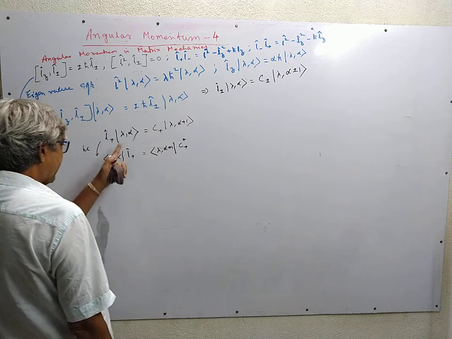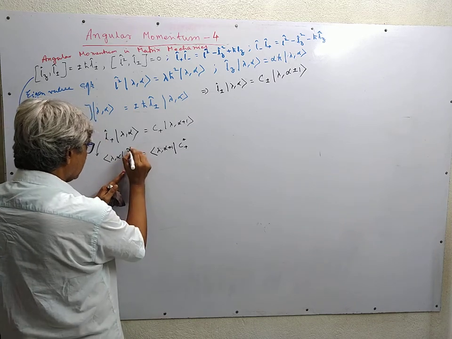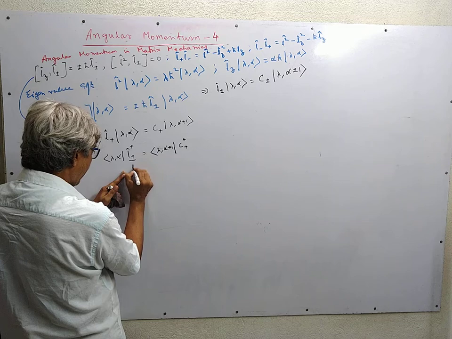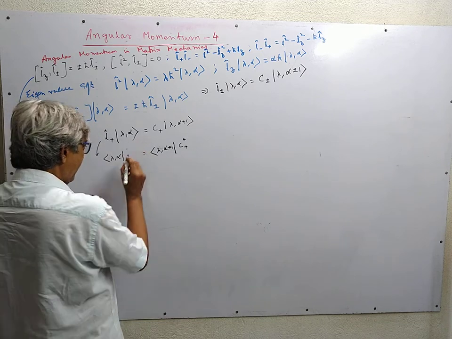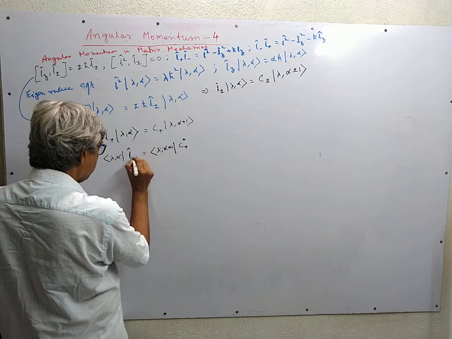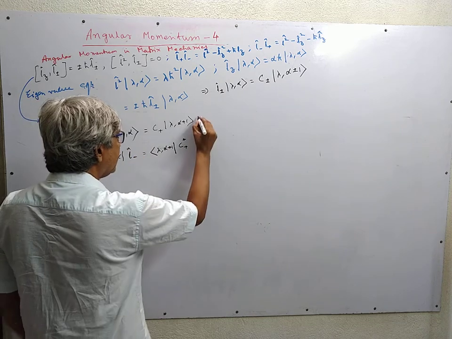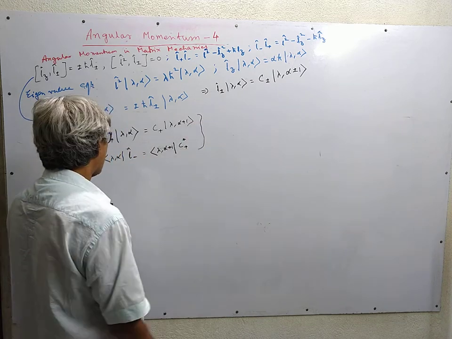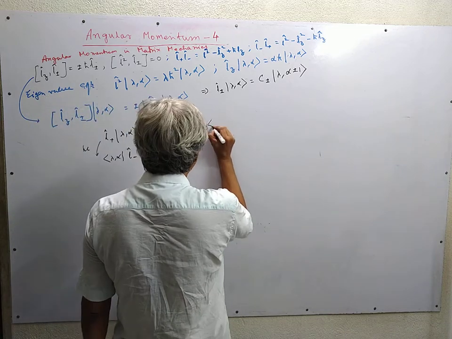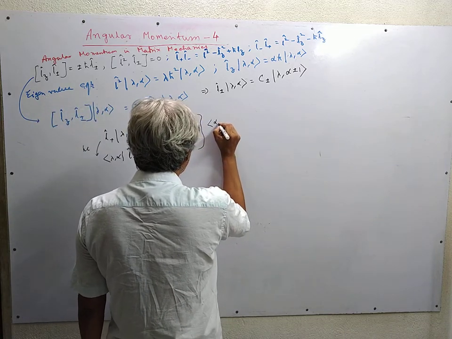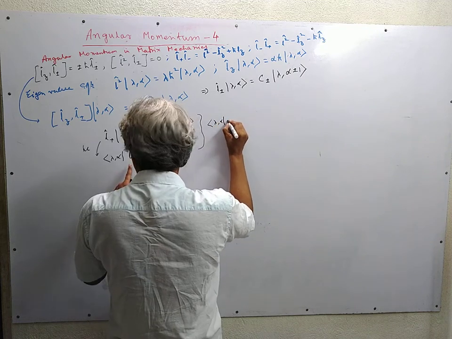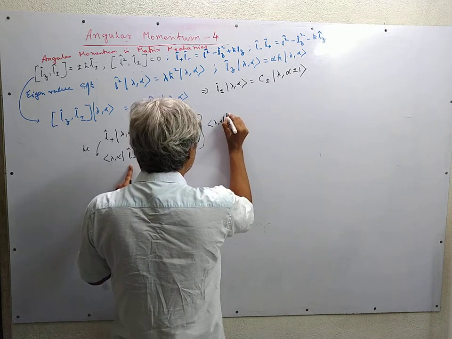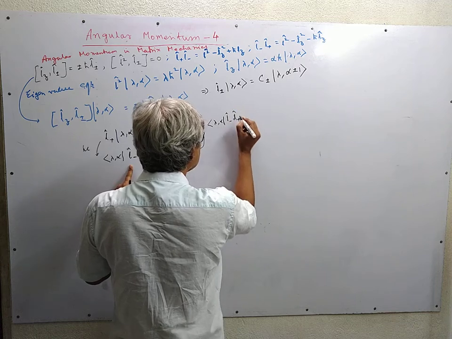This L plus dagger is equal to L minus, as I have stated earlier. If we take the inner product or scalar product of these, we get lambda alpha L minus L plus.